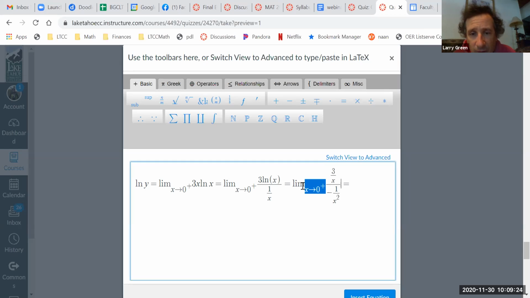And the idea on that one is now we can take a look at this and say, what is the limit? How can we algebraically simplify this? So 3 over x over 1 over x squared, and I still have the negative, by the way. I'll throw the negative outside. 3 over x over negative 1 over x squared is just 3x.